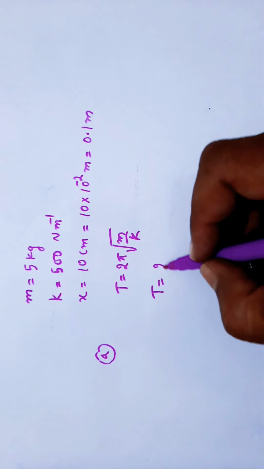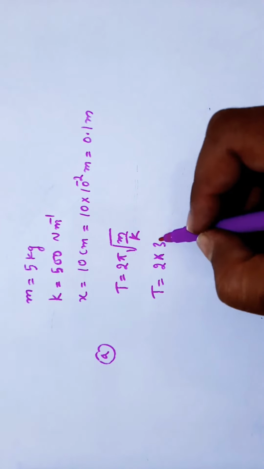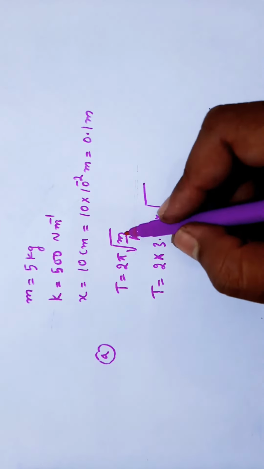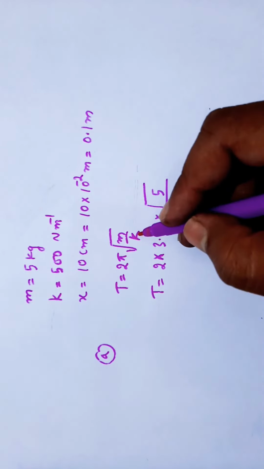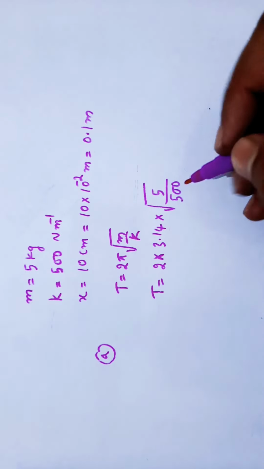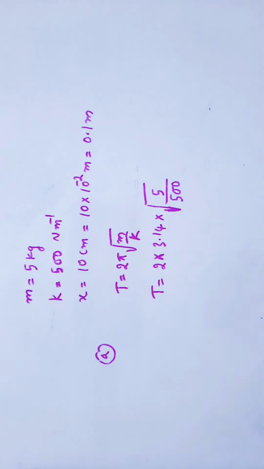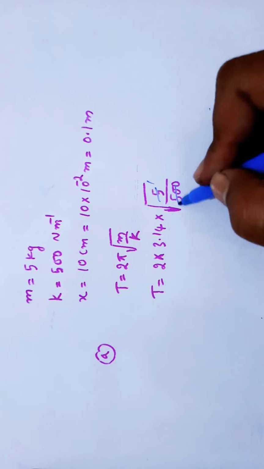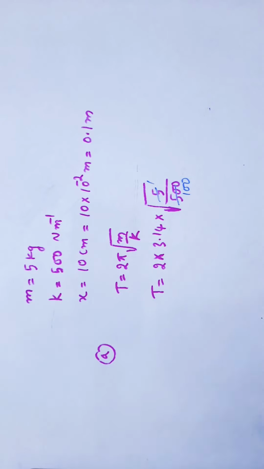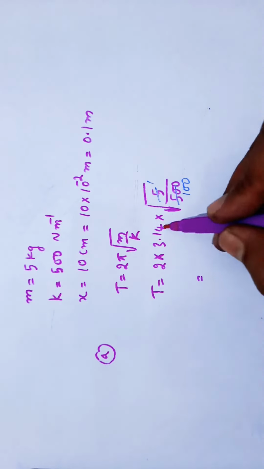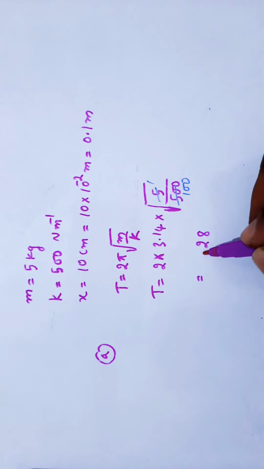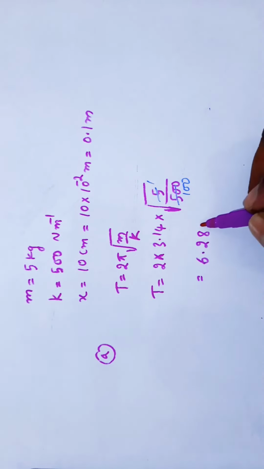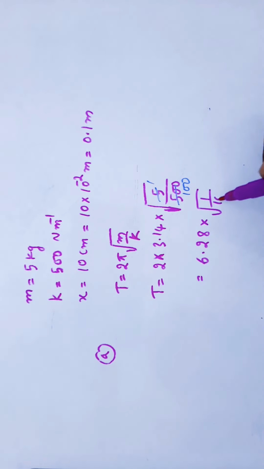So T is equal to 2 pi, here pi is 3.14, into under root of m, which is 5 kg, by k, which is 500 Newton per meter. So 5 ones are 5, 500 is 500, so 1 by 100 under the root. 2 into 3.14 is 6.28, into 1 by root 100, which is 10.